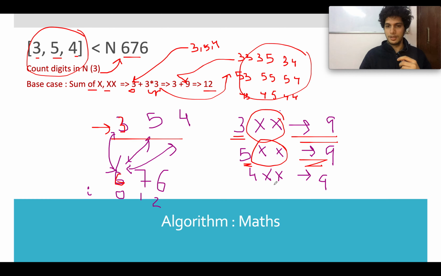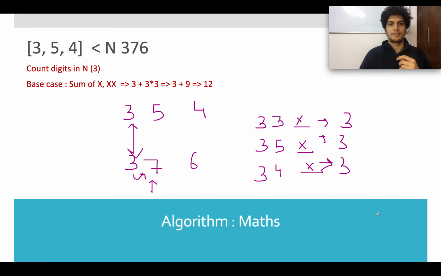That gives you 9 again, and you're done. In totality, this will give you 27, and if you add this part of your answer, 12 plus 27 gives you 39, which is the correct answer.